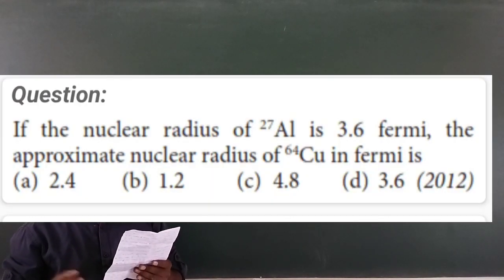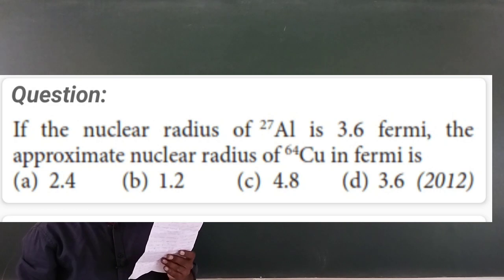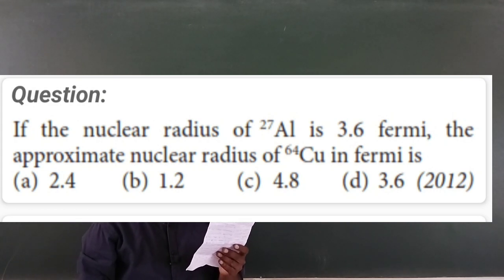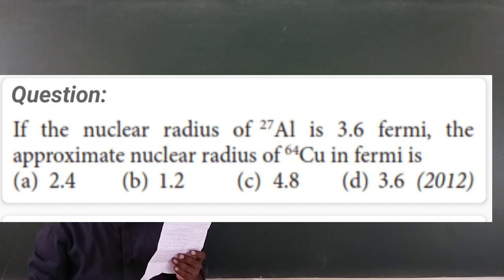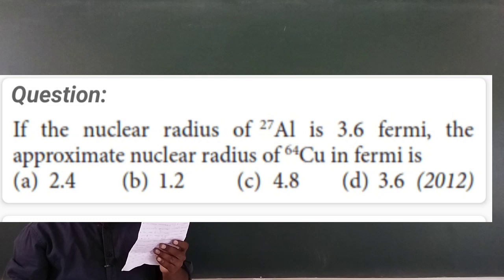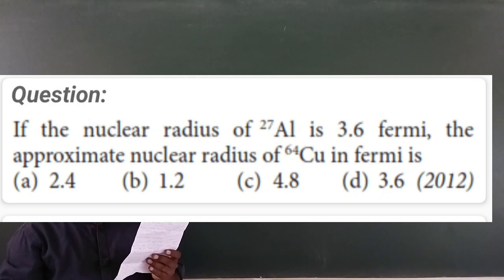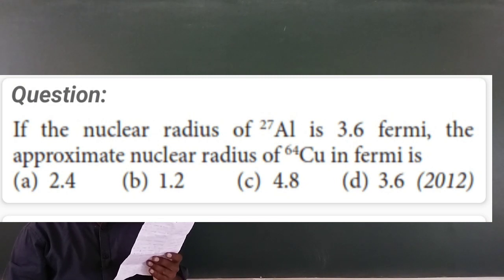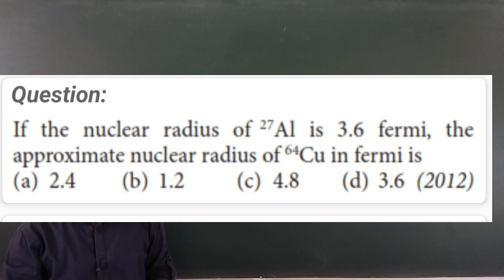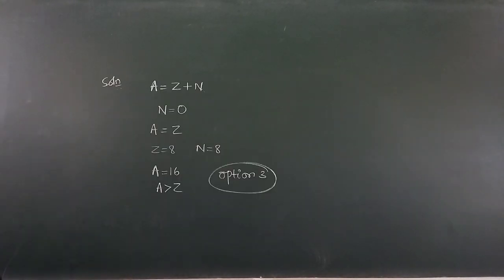If the nuclear radius of aluminum-27 is 3.6 Fermi, the approximate nuclear radius of copper-64 in Fermi is... Means what we have to find? We have to find the nuclear radius of copper-64.